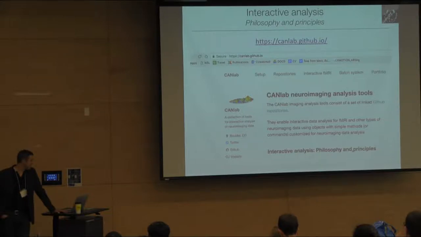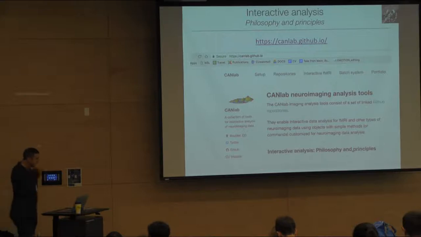And someday, all the code I'll show you might be refactored in Python. Luke Chang, who was my postdoc a few years ago, took some of the core tools I'll show you and rewrote them in Python. So that exists. But I've kept developing the Matlab version.